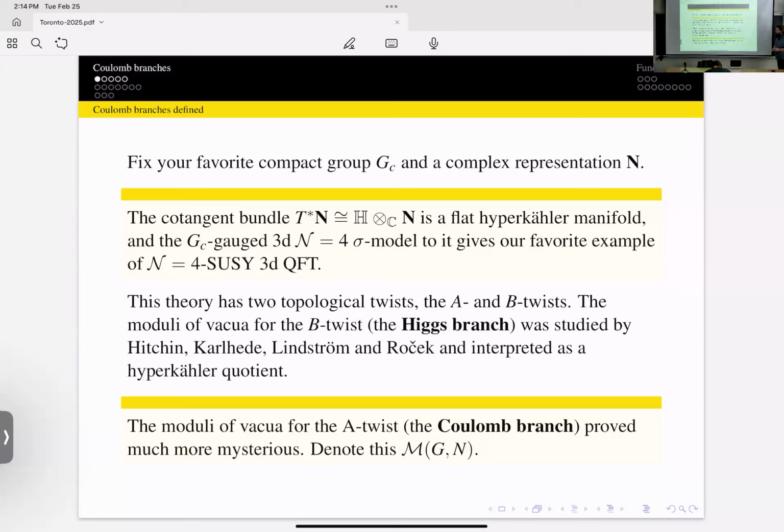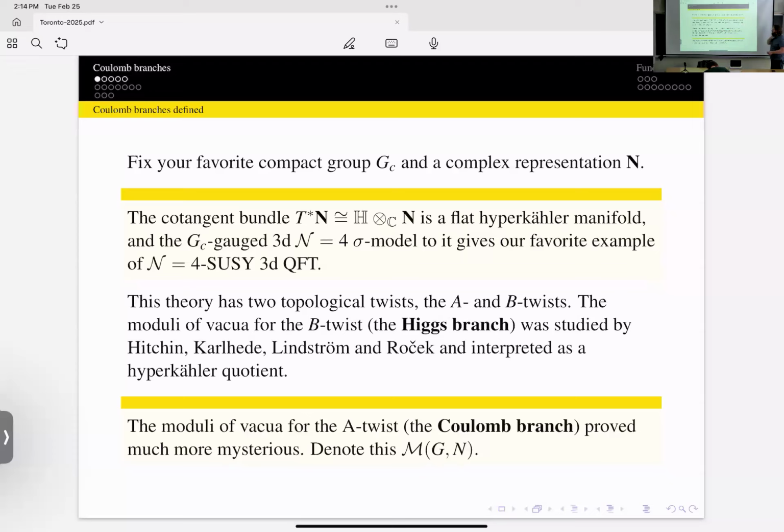Having a lot of supersymmetry means that there are two pieces of the theory that we can get our hands on much more mathematically. From the supersymmetry come these things called topological twists, which is basically adding an extra differential to my theory and only thinking about the cohomology. The interesting thing is there are two ways of doing that, called the A and B twists.